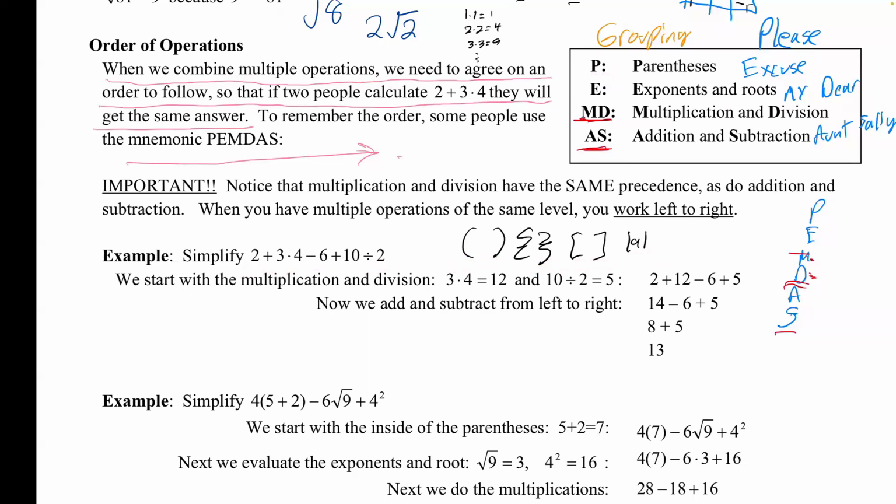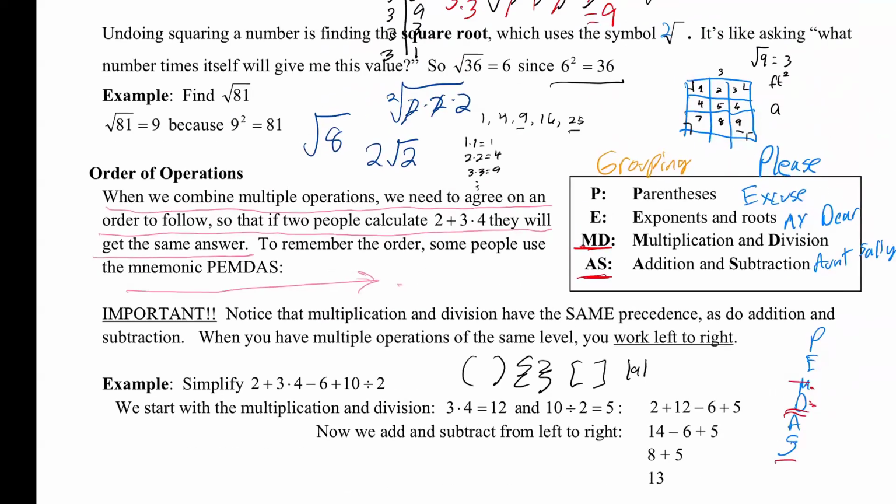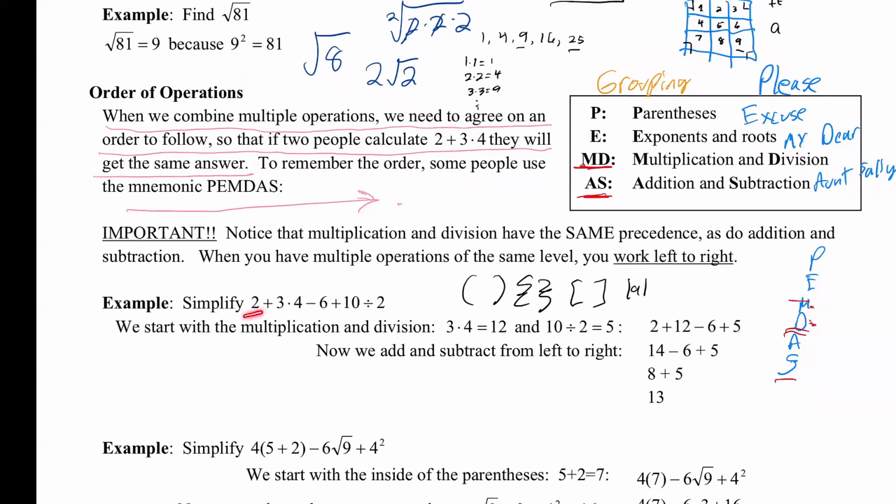And the way I know an exponent is I'm going to look and say to myself, okay, is there a little number like that 2 right there? That's an exponent. That represents multiple times of multiplying. So with that, that'll come next. Do I see any of those in here? No. Then I'm going to go to the multiply and divide step.